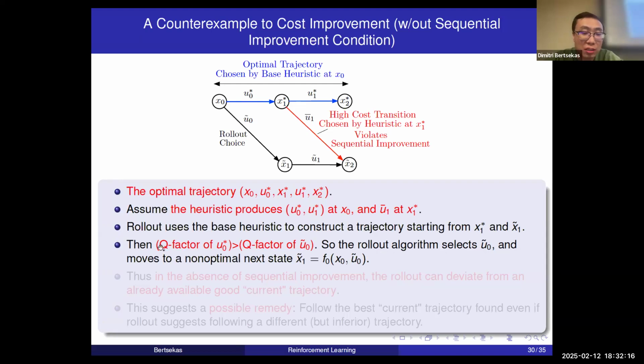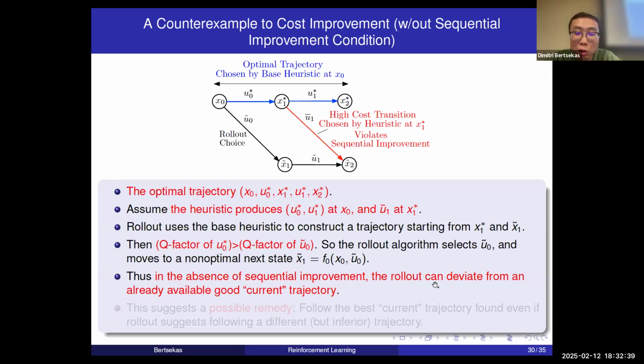So this is what it says here. The Q factor for U0 star, because of this high cost, is larger than the Q factor of U0 tilde. So the rollout is going to select U0 tilde and move to the non-optimal next state X1 tilde. Therefore, in the absence of sequential improvement, the rollout can deviate from an already available good current trajectory.